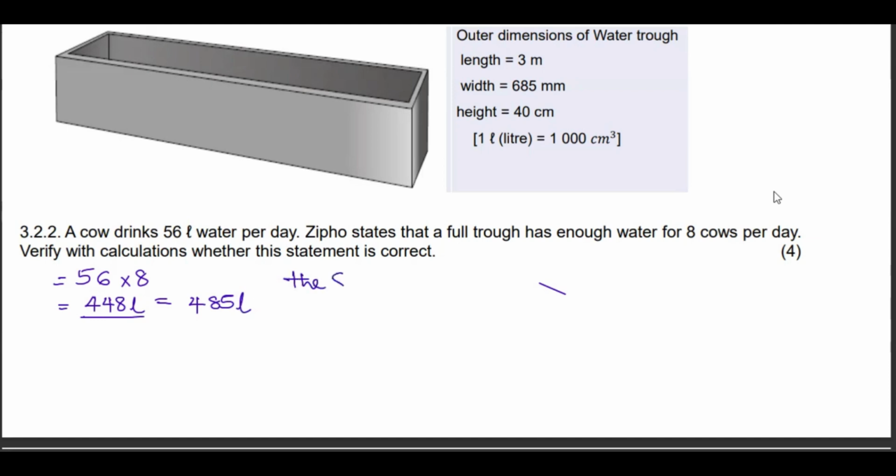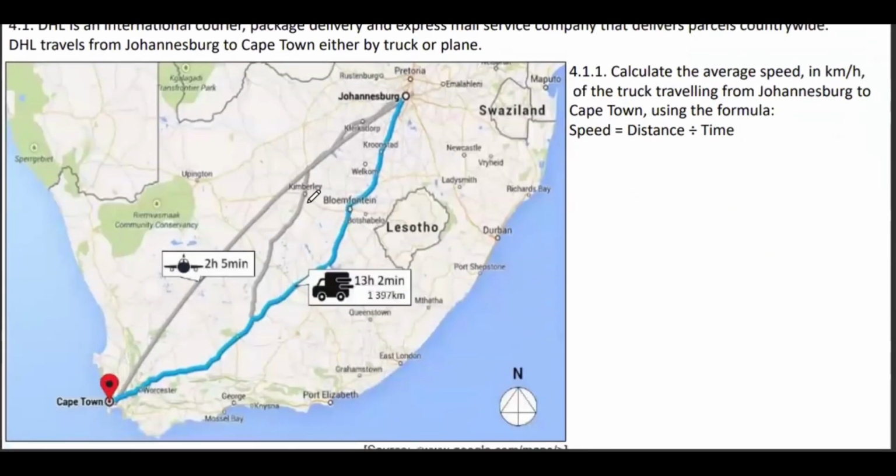So the statement is correct, because only 8 cows, they need 448 liters. The trough can hold 485. So the statement is correct. This water is enough. The water is more, it's more by 35 liters.